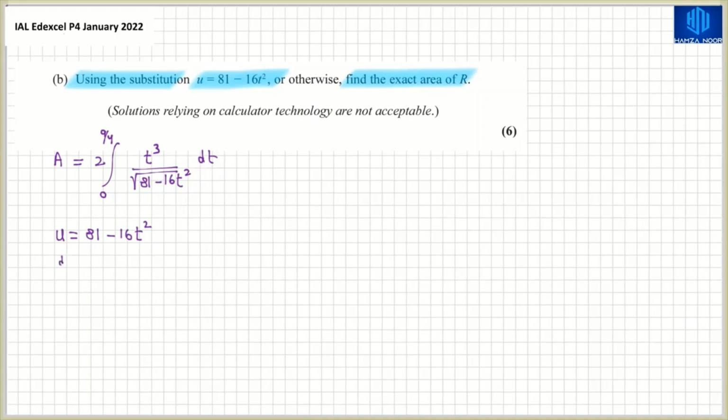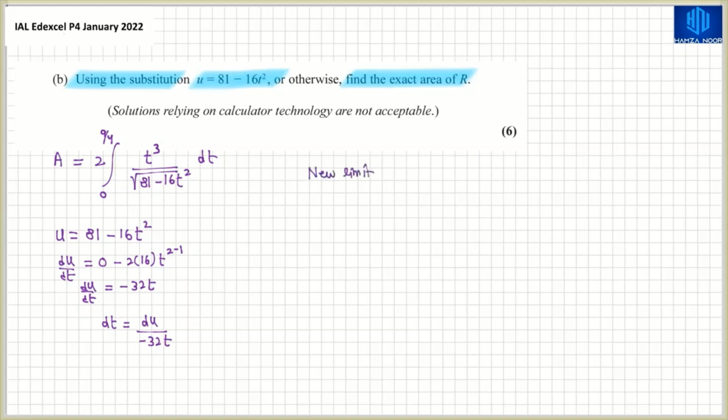So du over dt will be equal to 0 minus 2 times 16 times t raised to the power 2 minus 1. Therefore, du over dt is equal to minus 32t. And when we make dt the subject, this will be equal to du divided by minus 32t. And now we are going to find the new limits.